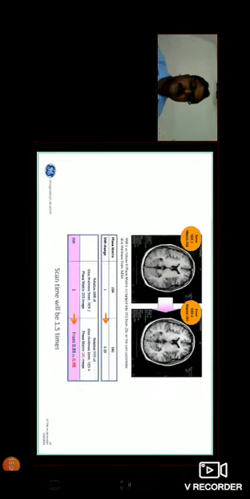Let's see the same scenario, where I reduce my matrix and I increase my NEX. In the first image, the slice thickness is 5, reduced to 3 mm. I lose some of my SNR, and I reduce my matrix to 192 from 256. Slightly I gain a little bit of SNR and I increase my NEX. So what's happening?